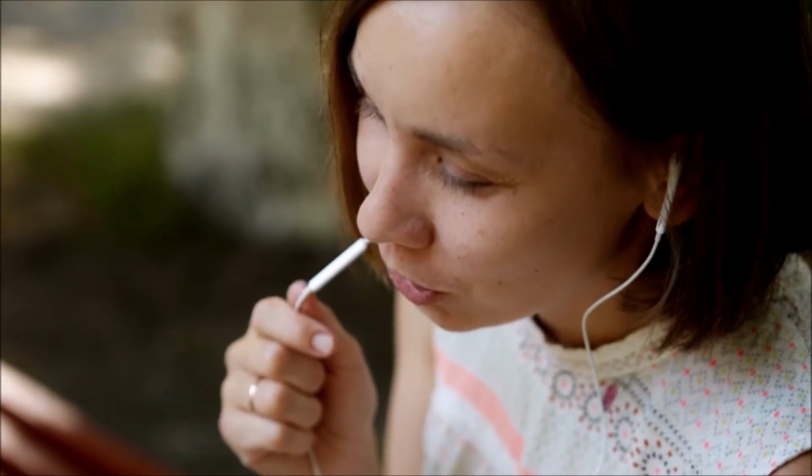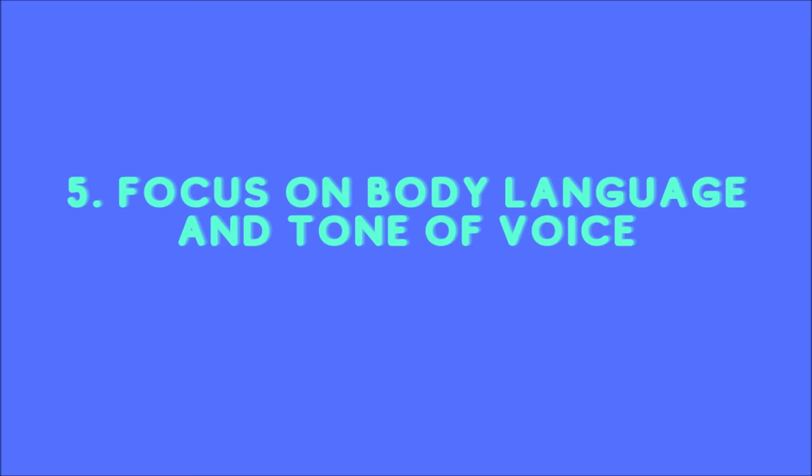So even if you don't understand every word, you might understand that they're telling a joke or they're telling a sad story, that kind of thing, and that will really guide you in how to react and give you more clues about what they're probably talking about, even if you don't understand every single word.